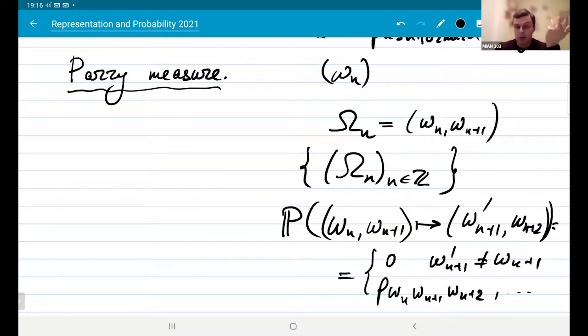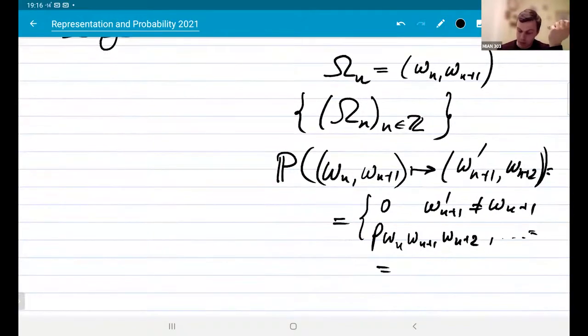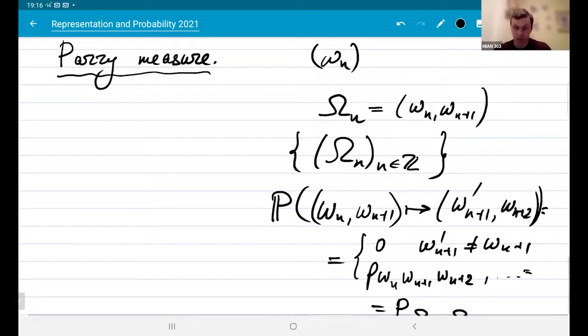So which is just p omega n plus 1. So this is a way how we can construct the measures, the Markov measures of any finite order, order 2, order 3, and so on, on our set of sequences.